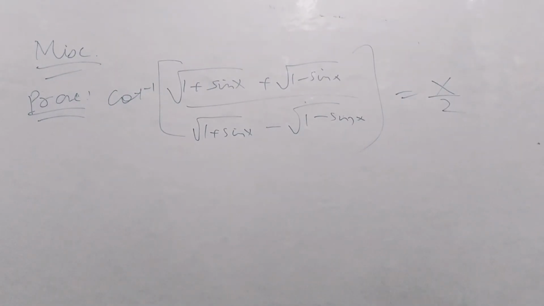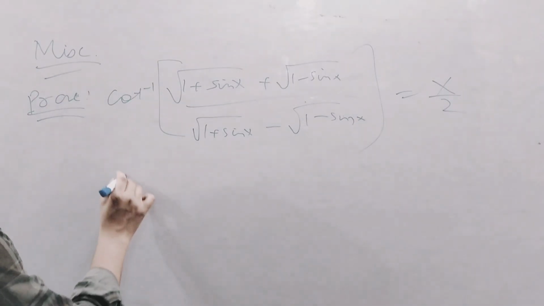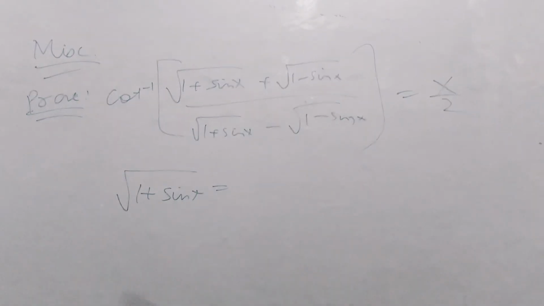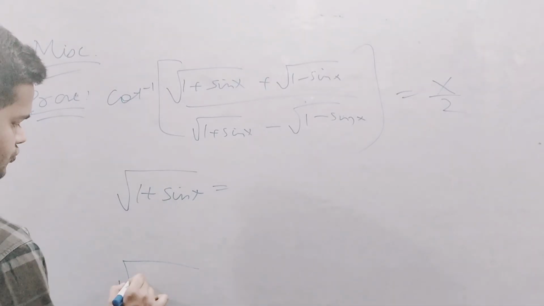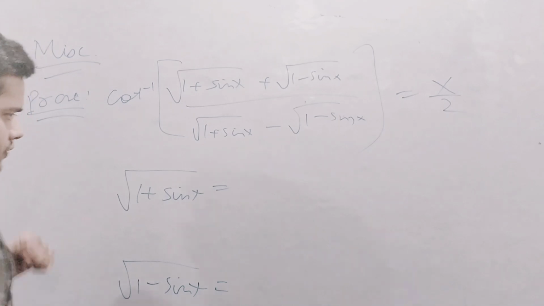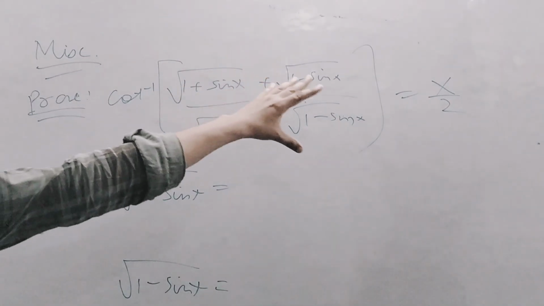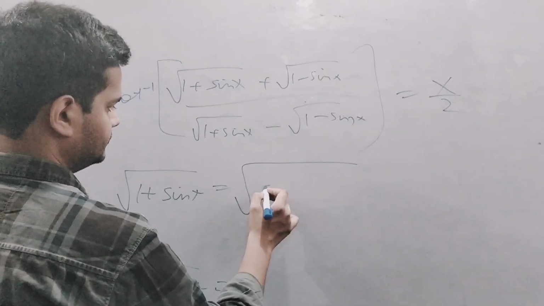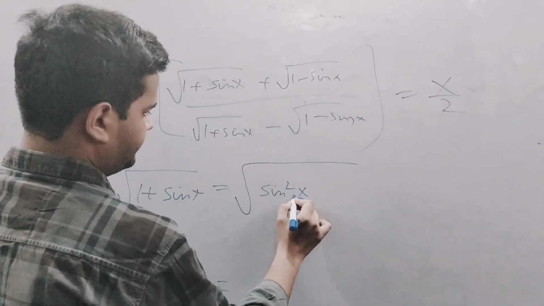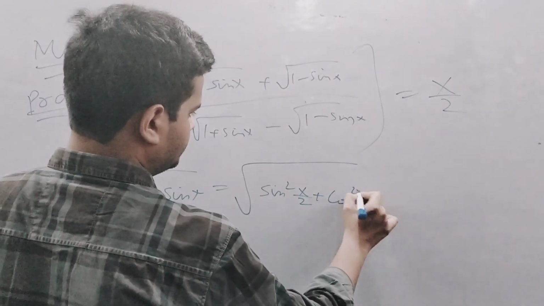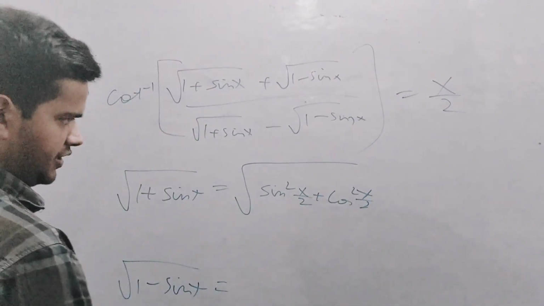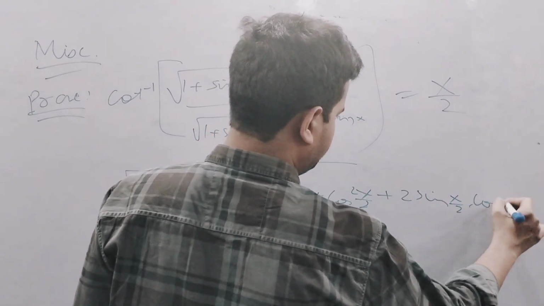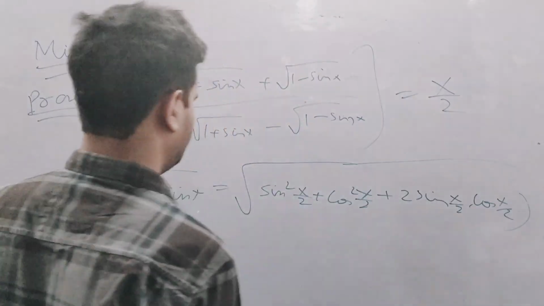Okay, now here what to do? What is root 1 plus sin x equals to? We will find that. And what is root 1 minus sin x equals to? We will find that too, and put the values here. So this can be written as root of sin square x upon 2 plus cos square x upon 2 plus 2 sin x upon 2 into cos x upon 2.